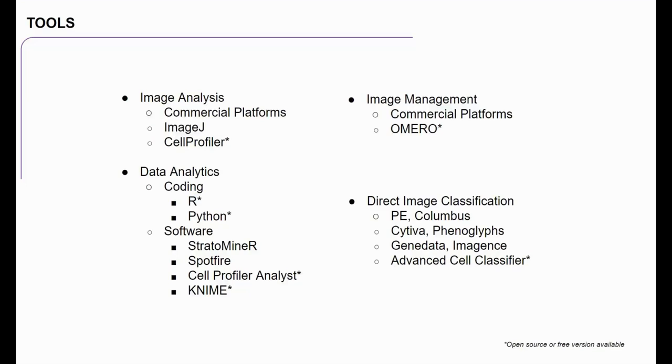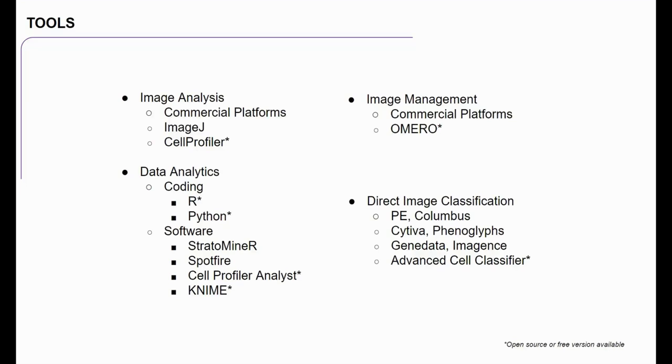When it comes to image analysis, not every manufacturer, especially the small ones, have their own image analysis platform, but the major ones do. The likes of Cytiva, Thermo, Molecular Devices, PerkinElmer, etc.